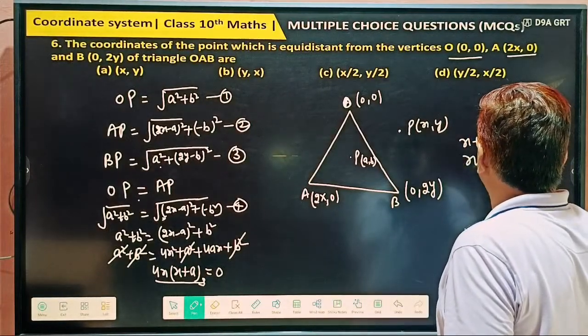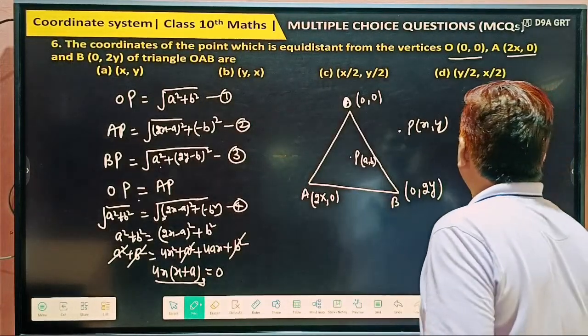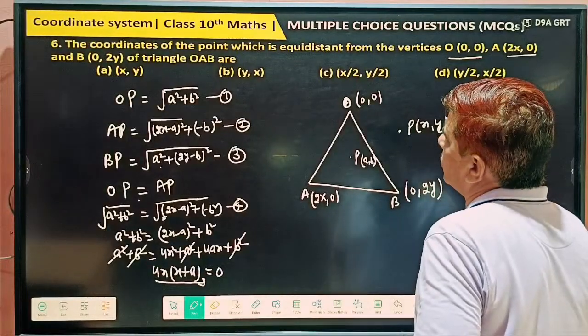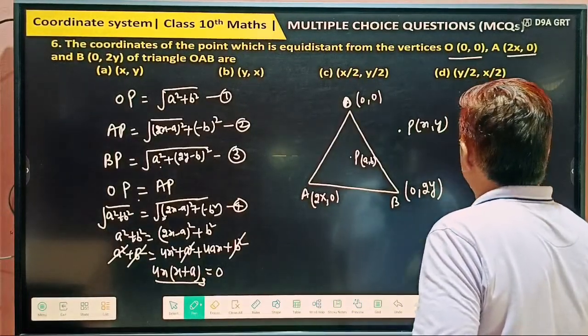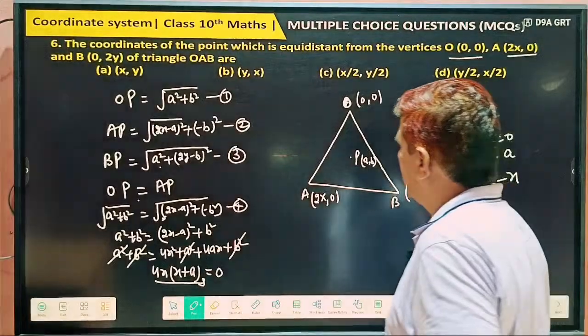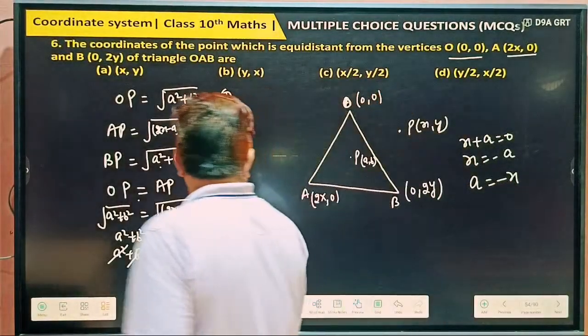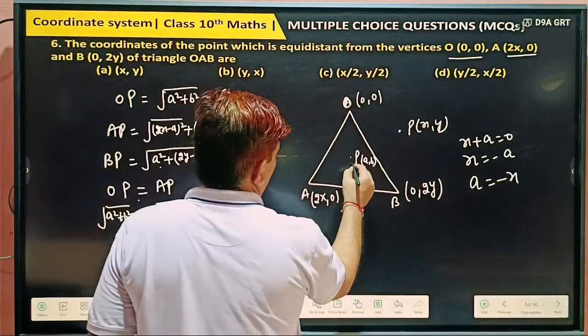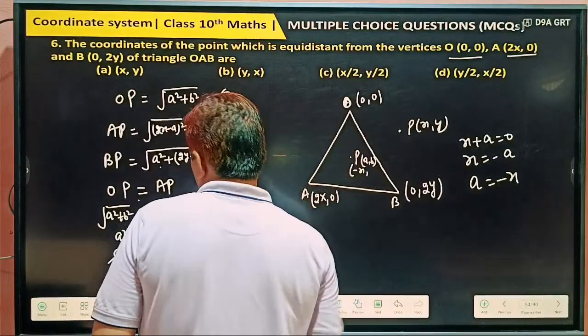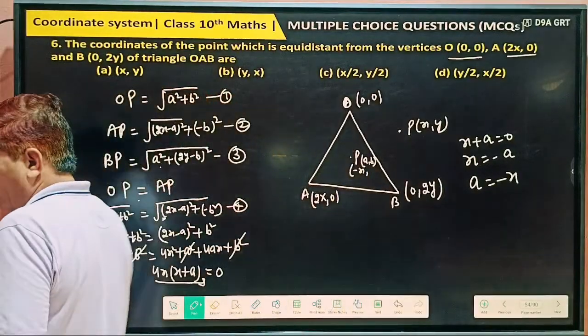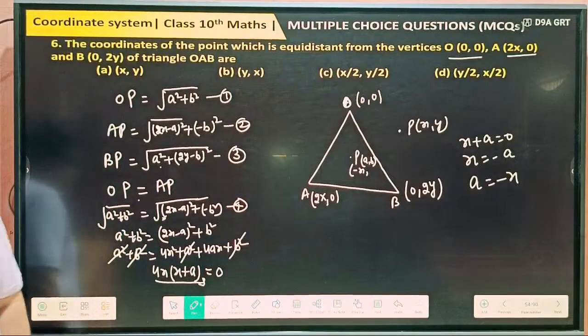So what is x? x is equal to a. Or we can say a equal to x. So value of this point is what? x. Similarly, we can find out what we can find out.